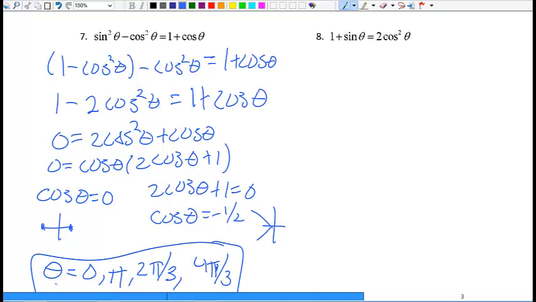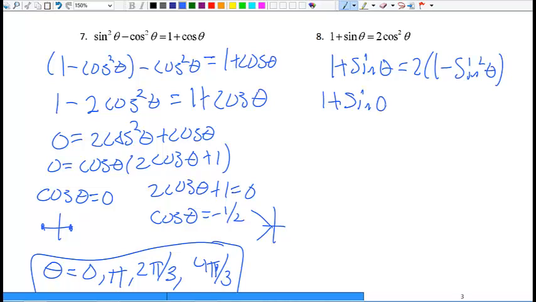Number 8, kind of a variation of the same process. This time I'm going to take the cosine squared and convert it to sine squared. So 1 plus sine theta equals 2 times 1 minus sine squared theta, and distribute that in. So 1 plus sine theta equals 2 minus 2 sine squared.